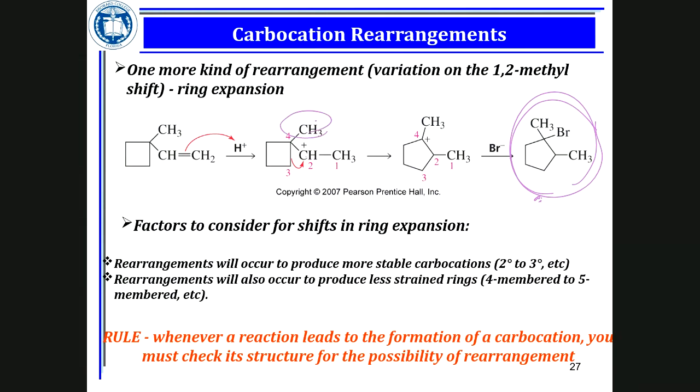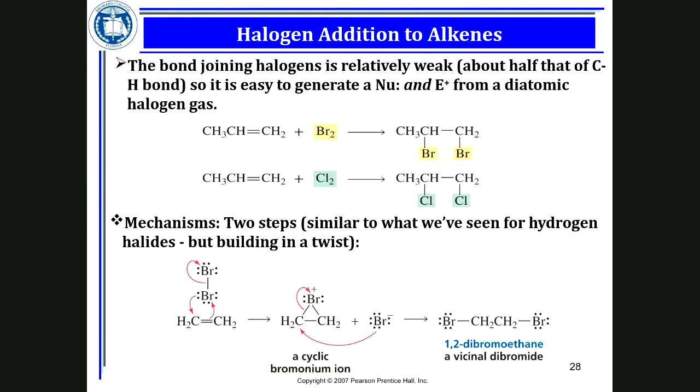But since you have this methyl group, by increasing the size of the cyclic system you're going to have a tertiary, and if it's a tertiary, it's going to happen. So this is the specific case that you will see on the homework only. Before going to the other type of reaction, I'm going to answer your questions at this point.